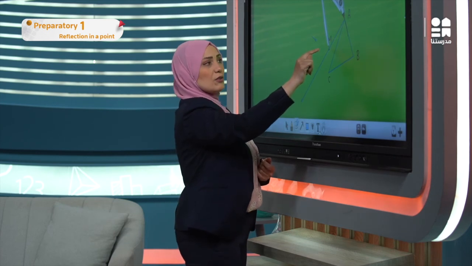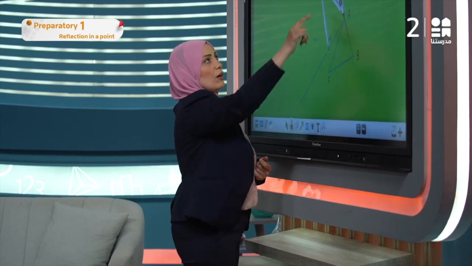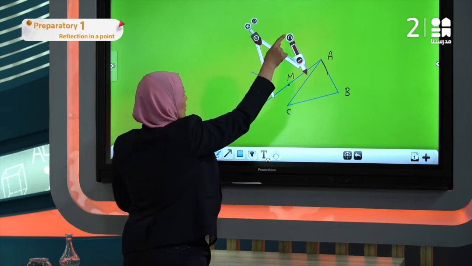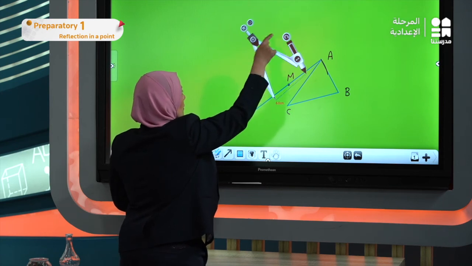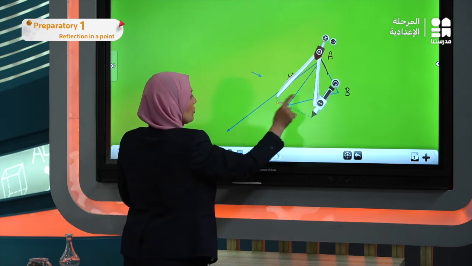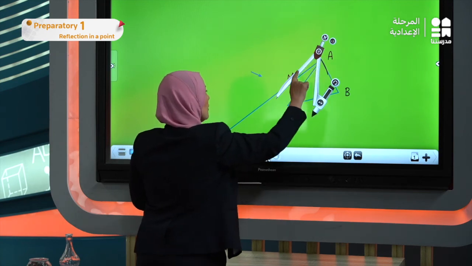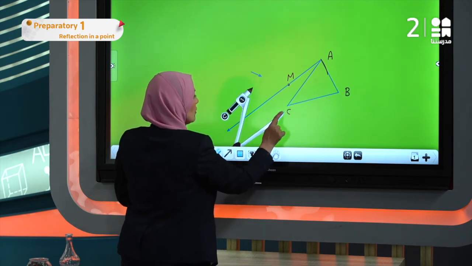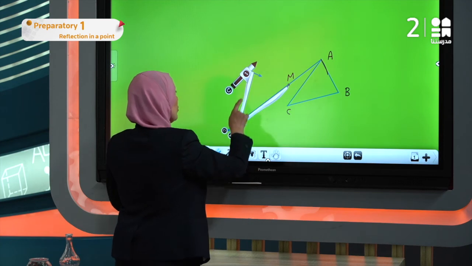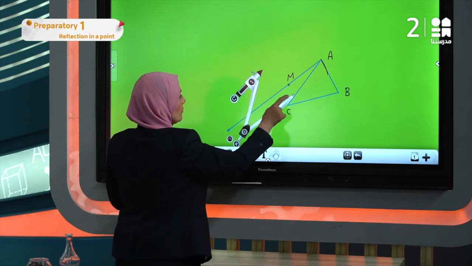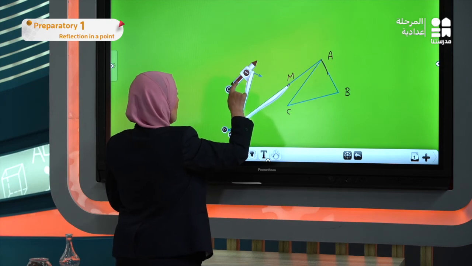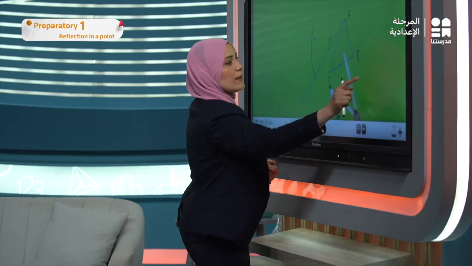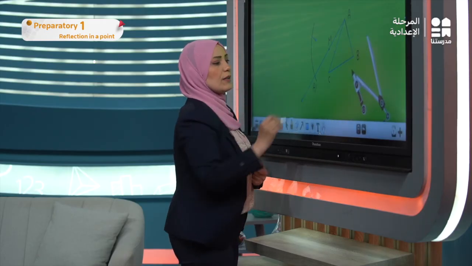Now put the center on M and draw an arc to the other side. This point is called A dash. This is the image of A.